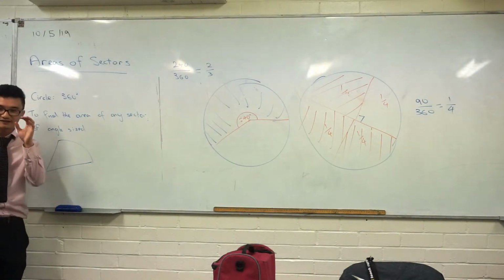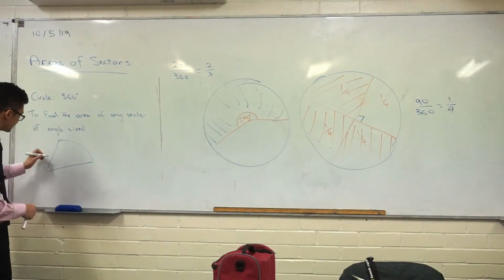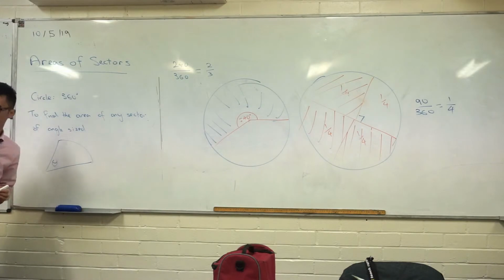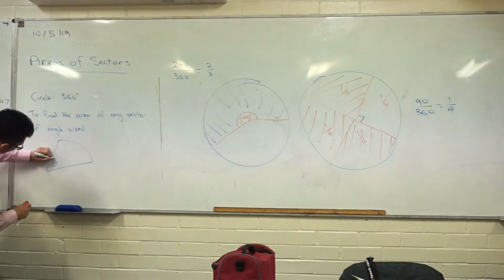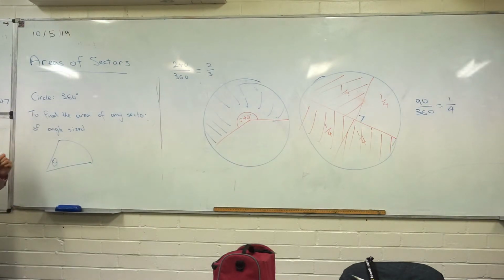Now, if I take an angle, we usually use this symbol here. Has anyone seen this symbol before? It's a funny little symbol. It's a Greek symbol, and just like you would use X for unknown numbers, they love to use this symbol for unknown angles. It's actually a circle with a line through it, but the line's a little bit curved. So you can try to draw that for me, okay?